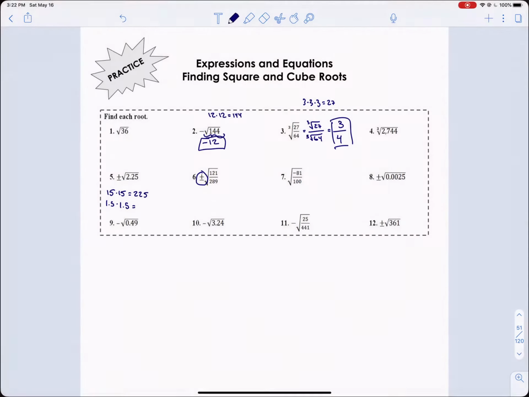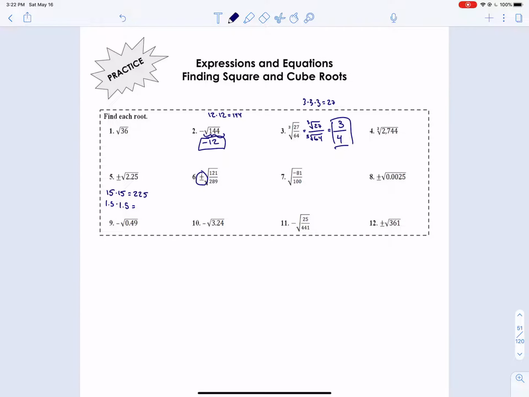So that's what we want. Okay, so then it's going to be plus or minus. It's just a plus above a minus symbol. 1.5. Okay, so that's one of those equal factors. Okay, so that's good. So the rest looks like we can do.